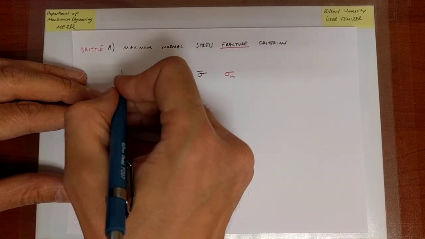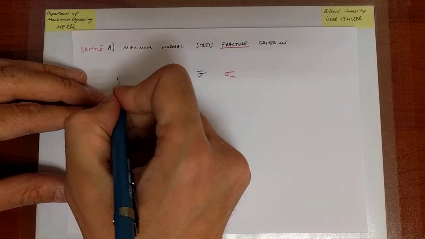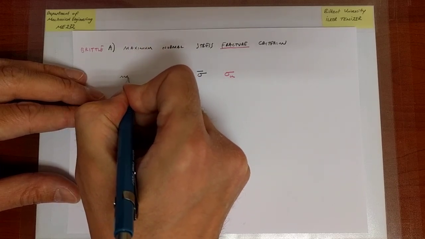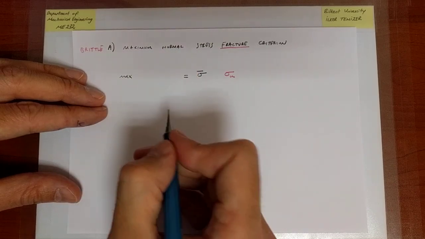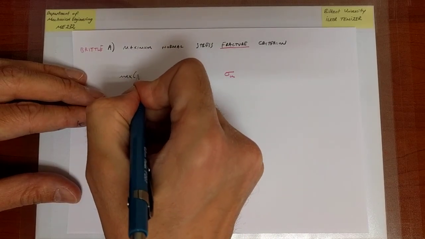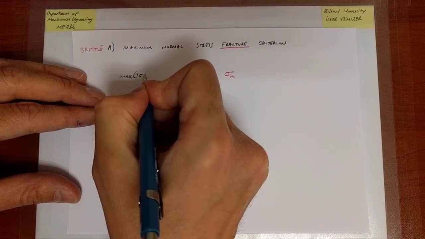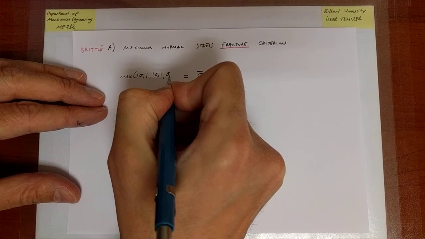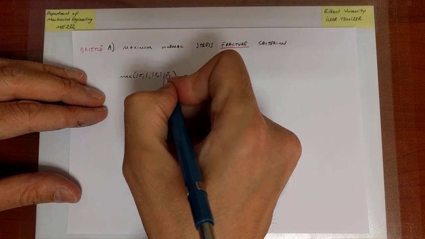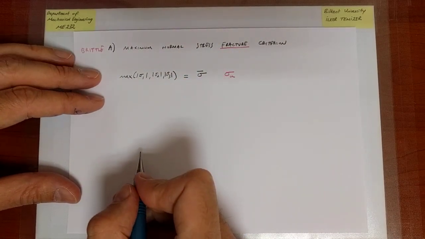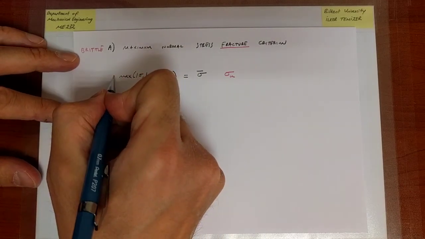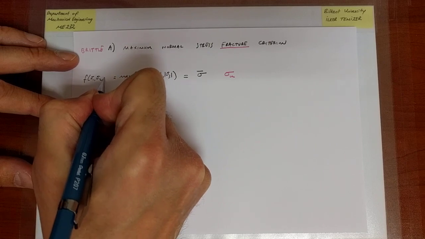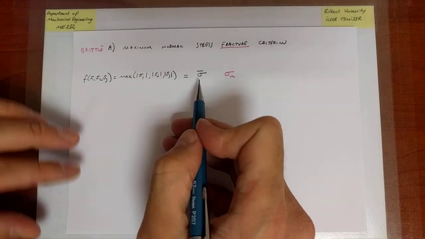Remember, we're assuming isotropy throughout the whole discussion of failure presently, and therefore I'm just going to take the principal stresses because their orientations don't matter, and I will look at the maximum value among sigma 1, 2, and 3, in absolute value. So this, therefore, is my function that delivers the effective normal stress.